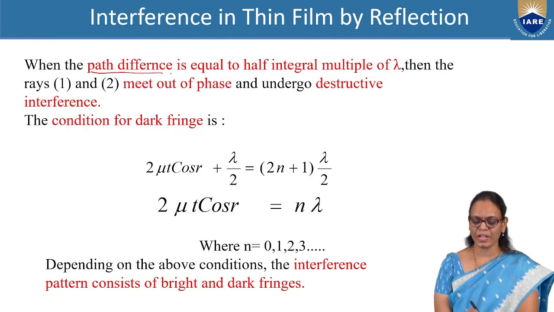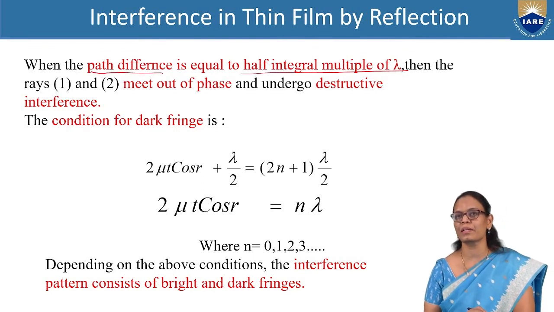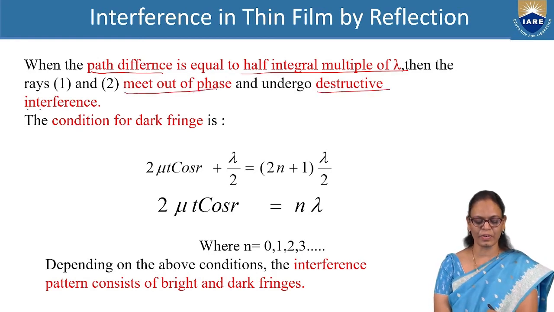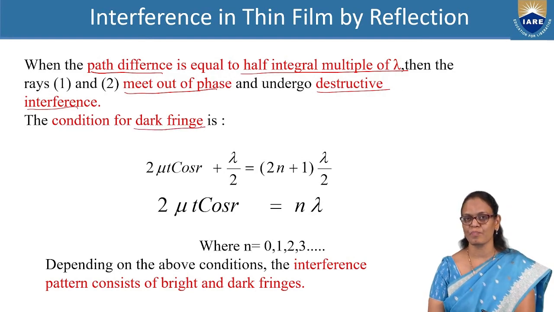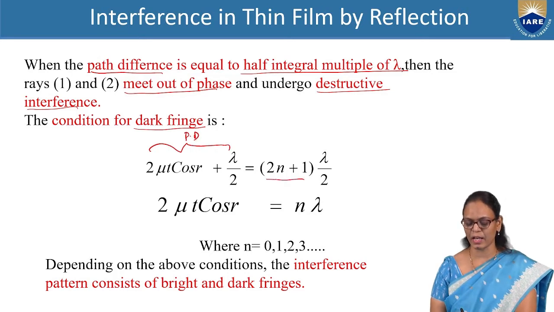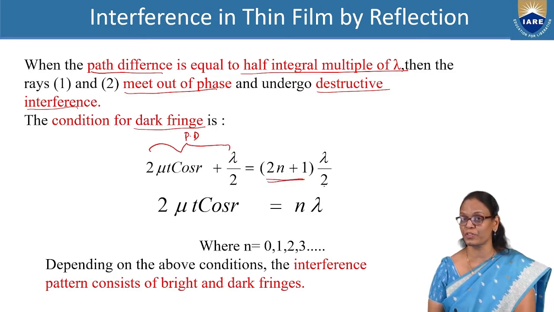Now, when the path difference is equal to a half integral multiple, or odd multiple, of lambda by 2, then they will meet out of phase and we get destructive interference, and destructive interference gives rise to a dark fringe. So what is the condition now? 2 mu t cos r plus lambda by 2 is the path difference, and if this path difference is an odd multiple of half the wavelength, suppose we put n is equal to 0, we get lambda by 2.